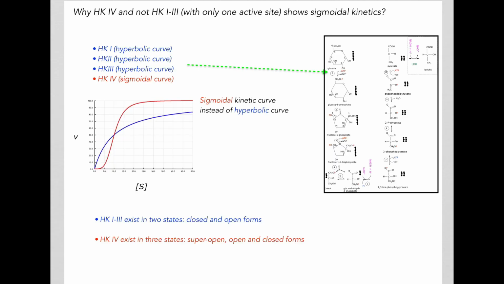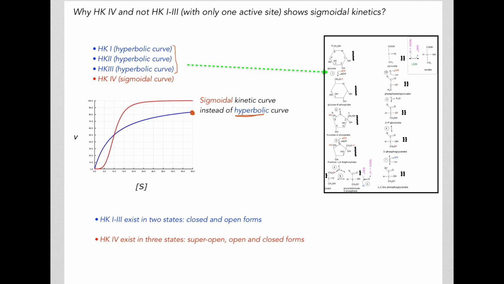Now, here's something very interesting. Hexokinase 1, 2, and 3 show a hyperbolic curve, because each has only one active site. So in general, we mentioned if you have only one active site, we see a hyperbolic curve.